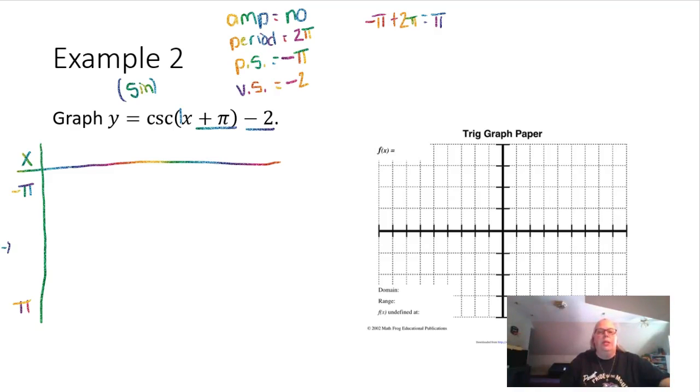Exactly halfway in between these, that's going to be 0. Halfway in between negative pi and 0, we can figure that out by adding 0 plus negative pi and dividing it by 2, but that's just going to give me negative pi over 2. And then this one in here we can find by adding 0 plus pi and then dividing by 2, but that's just going to give me pi over 2.